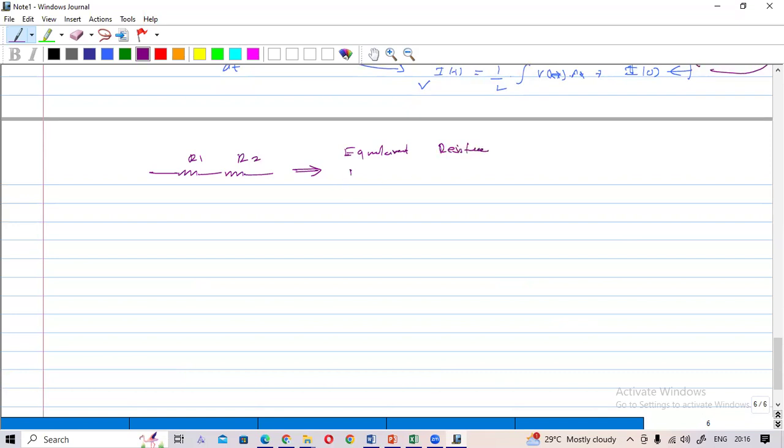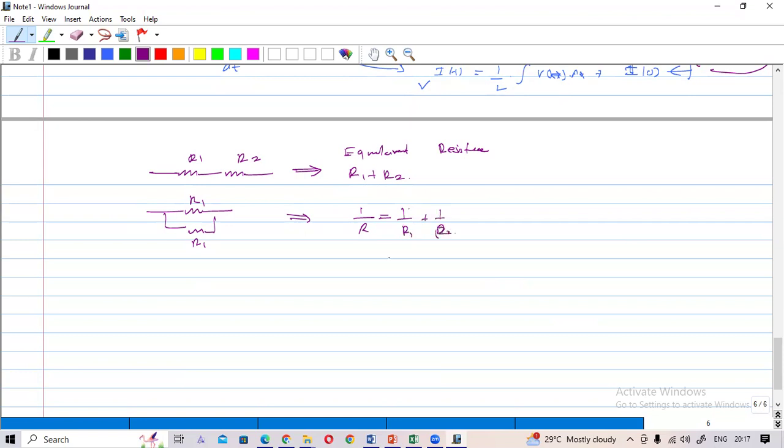R1 plus R2. Yes, R1 plus R2. That is the equivalent resistance. And if you connect R1, R2 in parallel, what will be the equivalent resistance? Then 1 over R, this R is the equivalent resistance, is equal to 1 over R1 plus 1 over R2.